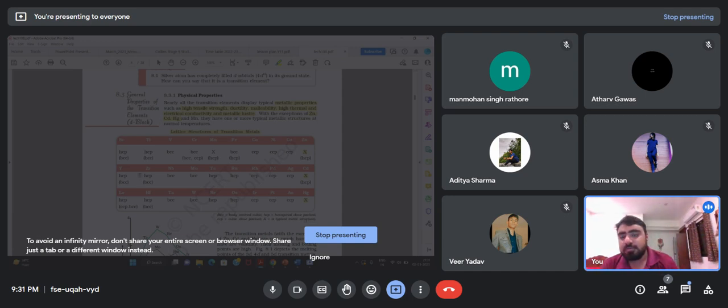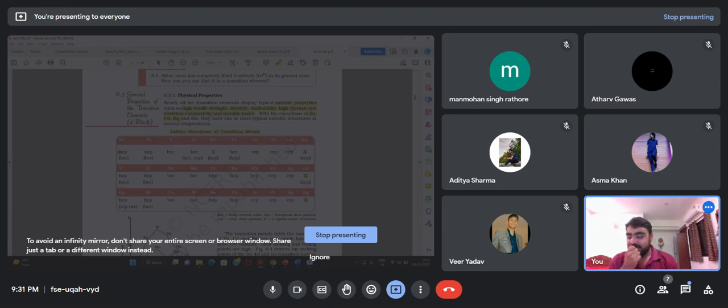Okay, let's focus on how to learn this table. First, you have to write this 3D series, 4D series, and 5D series as it is. Now I will tell you the way to remember this.